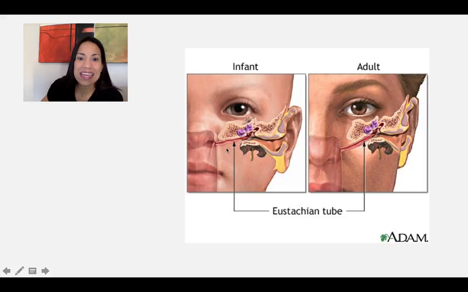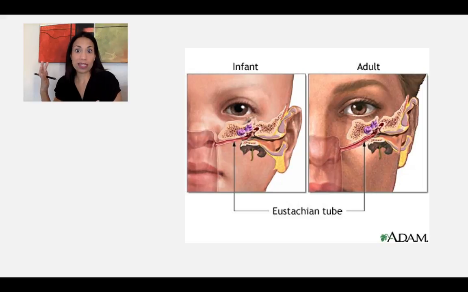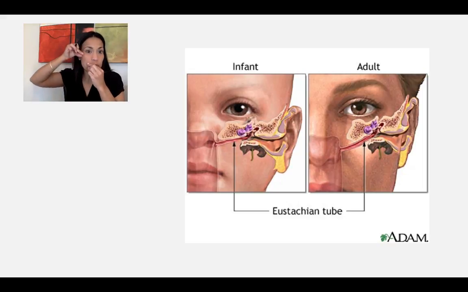Now, this tube in infants is shorter, more horizontal, and wider than the one of the adult. As the kid grows into an adult size, this tube elongates. It goes from horizontal to more diagonal, and it becomes thinner.